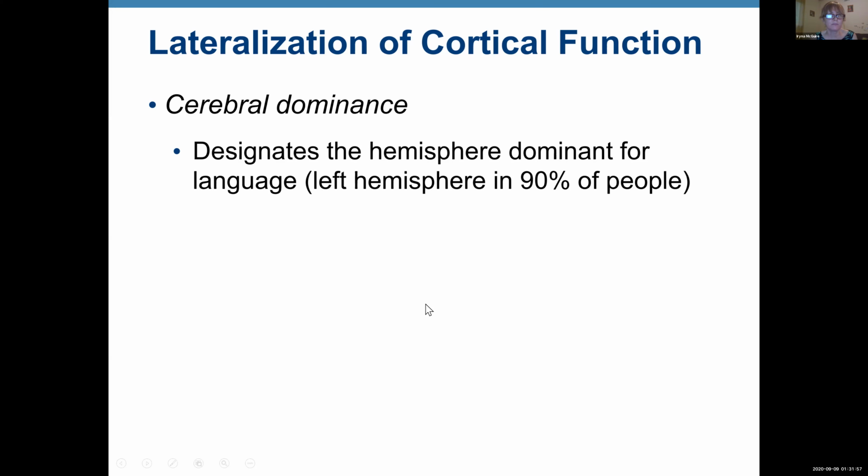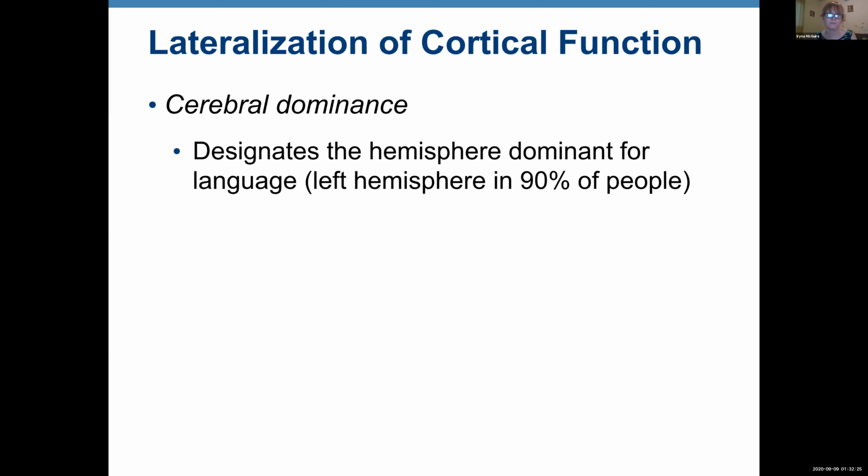We do have cerebral dominance, and cerebral dominance is determined by which hemisphere you have Broca's and Wernicke's area in. So if you think, I'm left-handed, then my right hand... because it's contralateral. If you're right-handed, then you would think, oh, my left hemisphere is dominant.